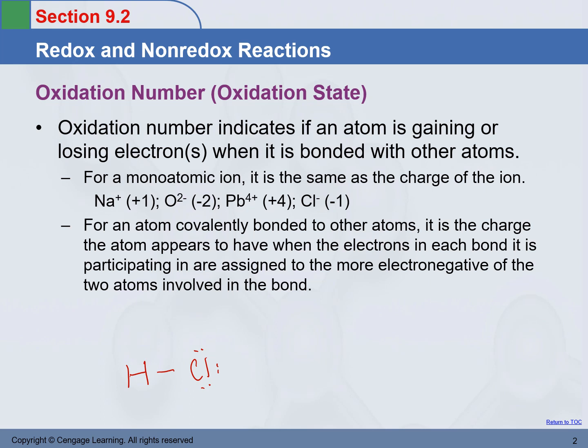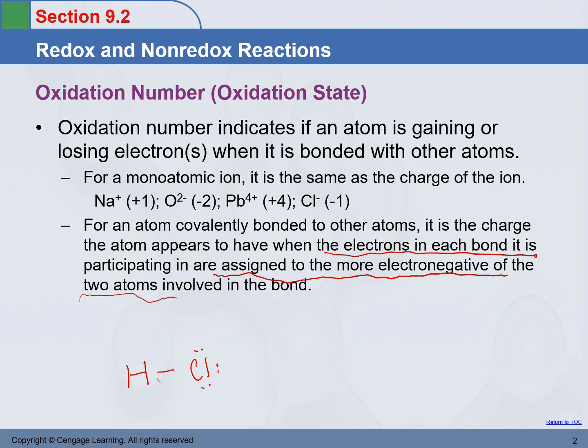All right, so the statement tells you that in order to figure out the oxidation number for these kinds of atoms that are covalently bonded together, the electrons in the bond will be assigned to the more electronegative of the 2 atoms involved.